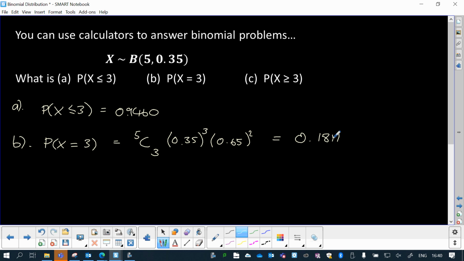And then you go to variable and you input the same 3 things. For you guys, BPD is there and you don't have to worry about any lower limit. You just type in the x value. So x equals 3, 5, and then 0.35. And does it come out with exactly the same answer? Yes, it does.